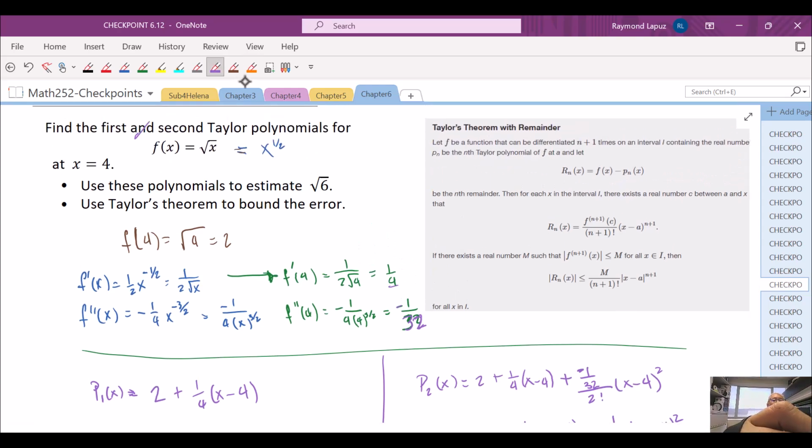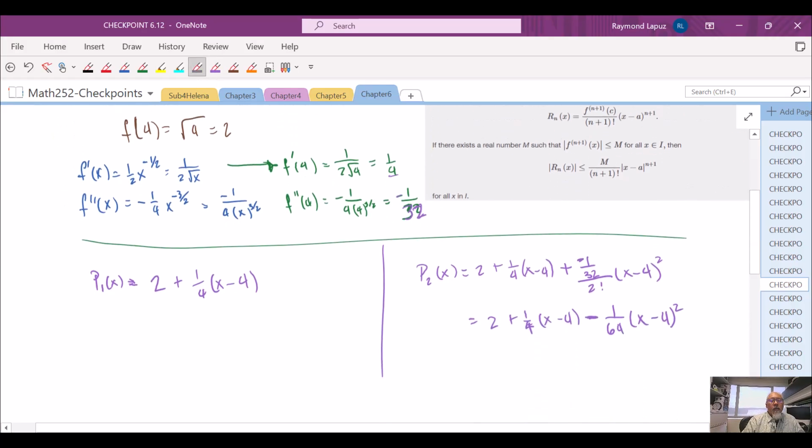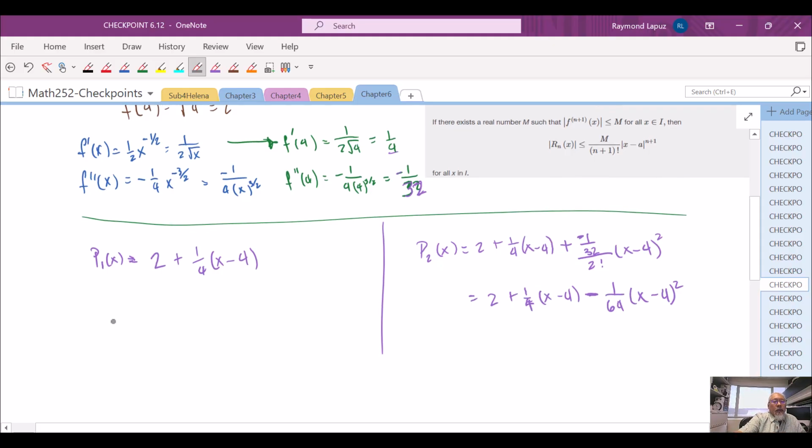The second part is to use the polynomial to estimate the square root of 6. So to estimate the square root of 6, we're going to use this polynomial and evaluate this at 6. So this is going to be 2 plus 1/4 times 6 minus 4, where we put in the x.